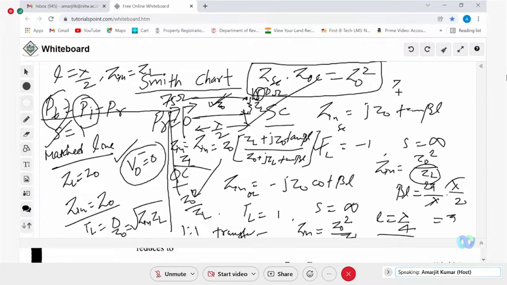Z0 is equal to root ZL into Zin. So 75 into 100 under root, this value we should take for Z0. Then it will be matched. And the length of the line will be, of course, lambda by 4, that you must remember for the quarter wave line. So we are using quarter wave line for matching the load impedance to the input impedance.